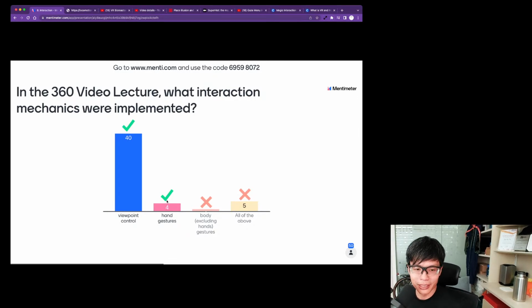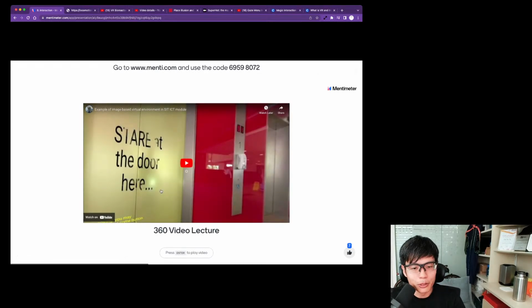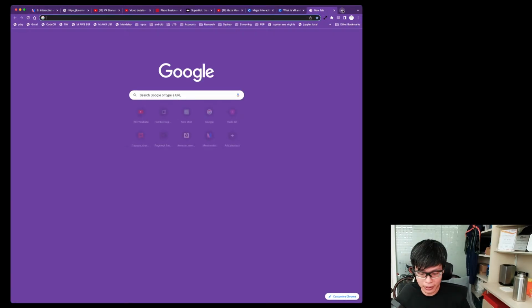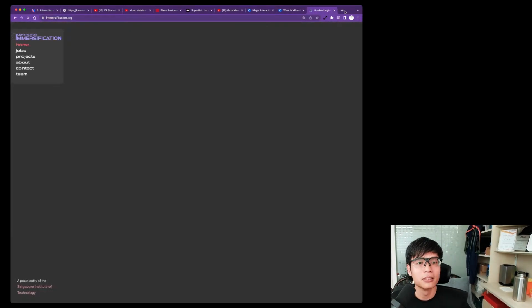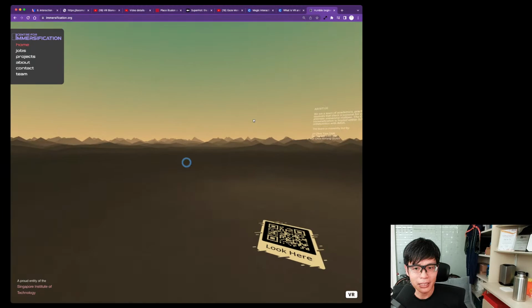I intentionally included that, because if you carefully watched the video this week, I mentioned this gaze control mechanism. That means using eye gaze to click things, like even on our immersification.org web page. This is also that mechanic using eye gaze.